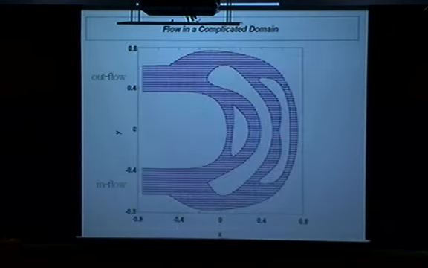The last example would be Stokes flow in a very complicated domain. In some sense, it looks like a circulation system in our body. So this is a capillary in some sense. This is miniature. And even recently, many people are interested in the laminar chip. There are small channels over here on some glass.